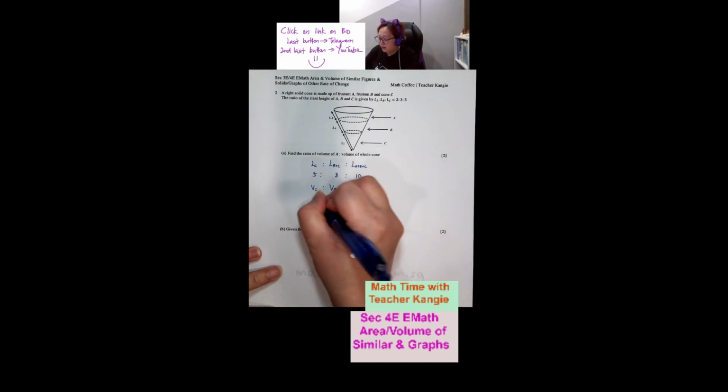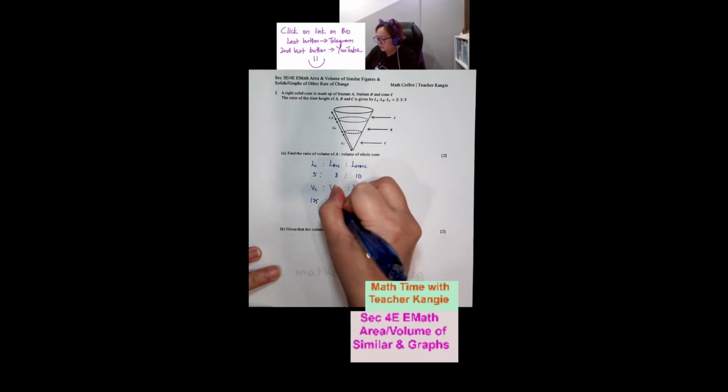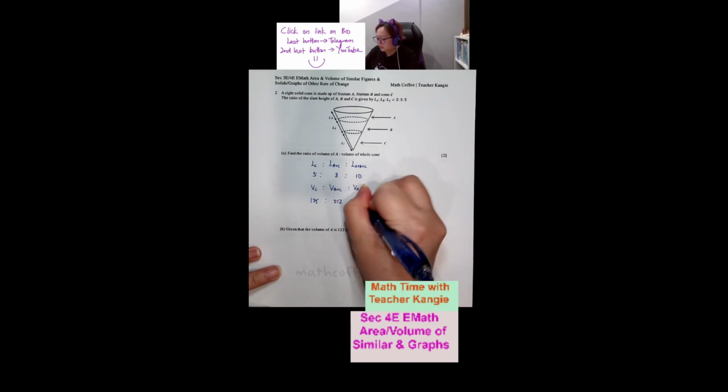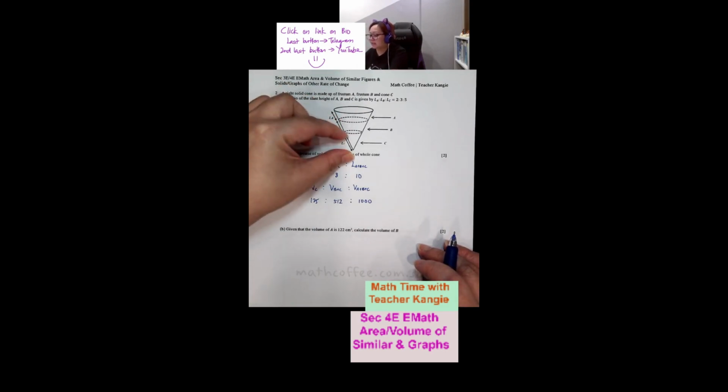So all of these three numbers, cube it. 5 cubed will give us 125. 8 cubed will give us 512. 10 cubed will give us 1000. So again, 125 is the volume of the smaller one. 512 is the medium one, which is the frustum B plus the cone C. A plus B plus C is the frustum A plus the frustum B plus the cone C.